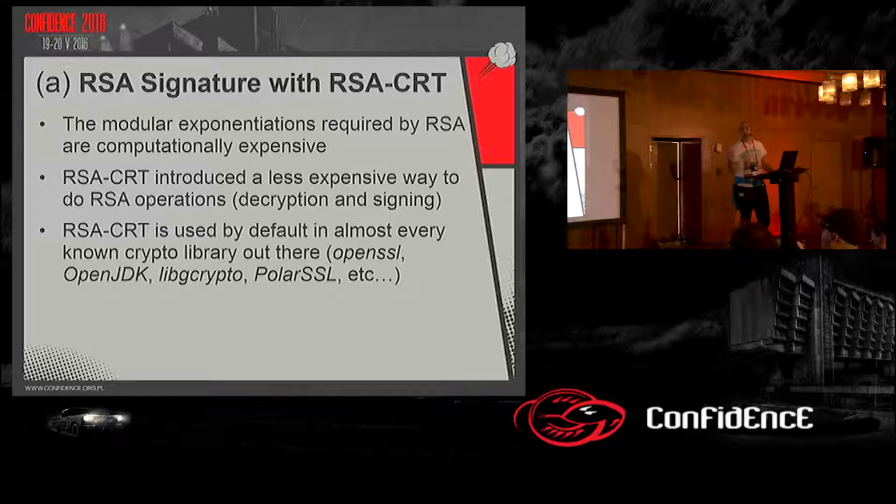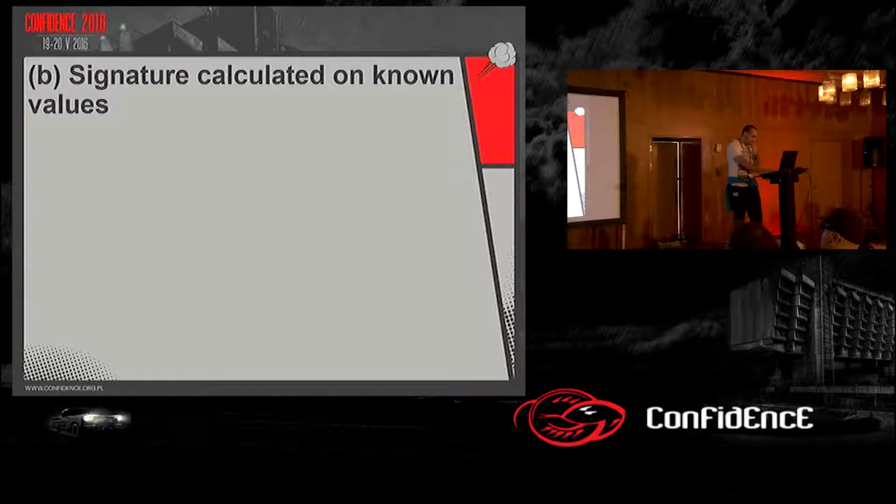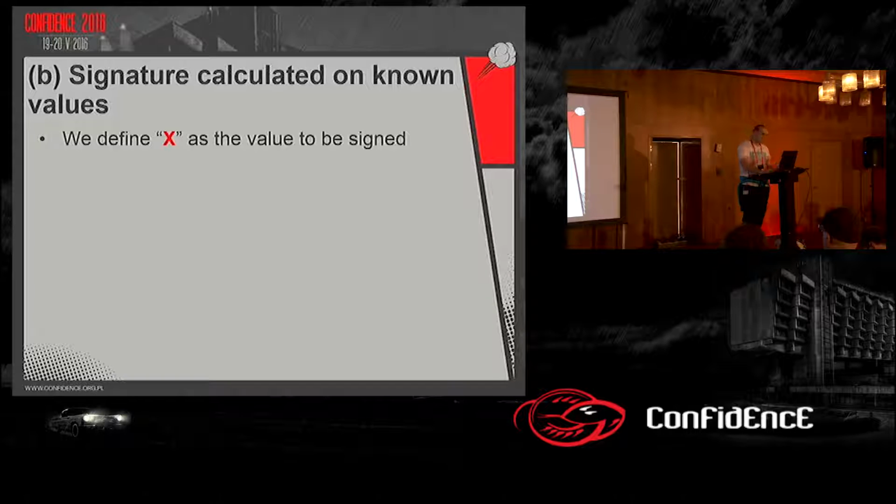And this kind of algorithm is pervasive nowadays because it is implemented in every crypto library, we can say. So precondition A is normally satisfied. Now B: the attacker needs to know the value on which the signature is calculated.